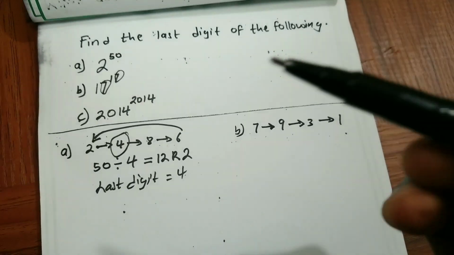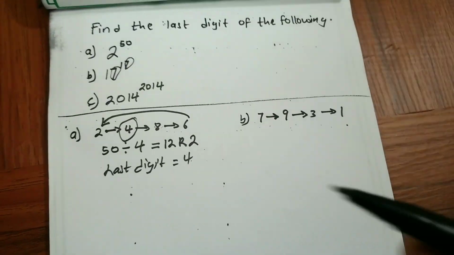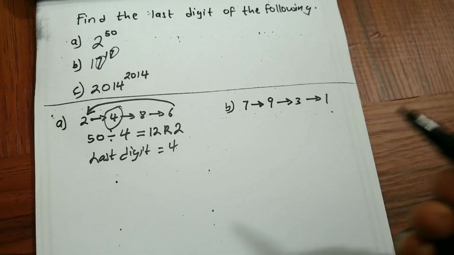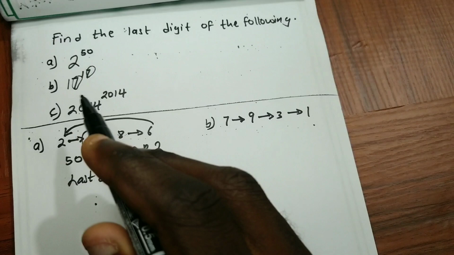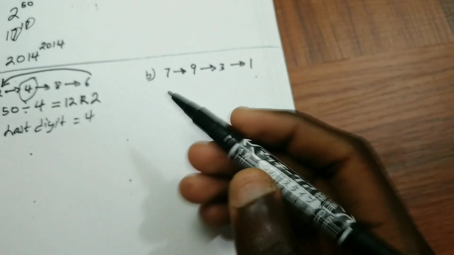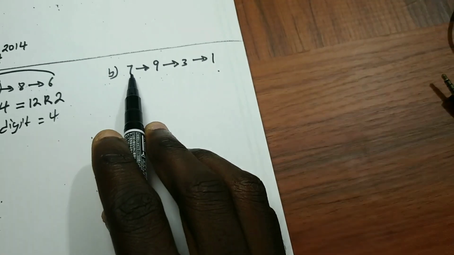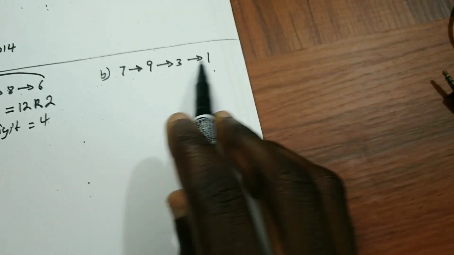So 7 exponent 1, 7 exponent 2, 7 exponent 3, then you have the pattern. Don't waste your time using 17 exponent 2; focus on the last digit. It's the same thing you get if you use 17, just that the shortcut is to use the 7. So our digits are 7, 9, 3, 1.